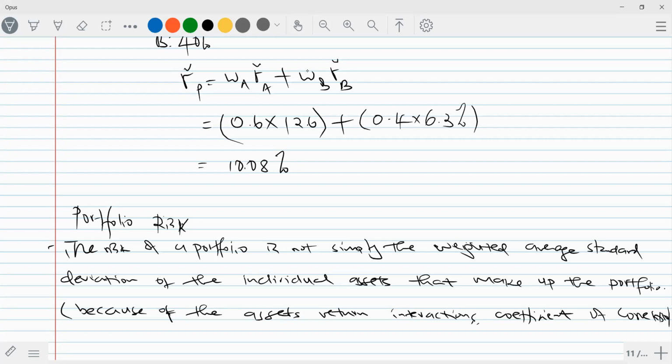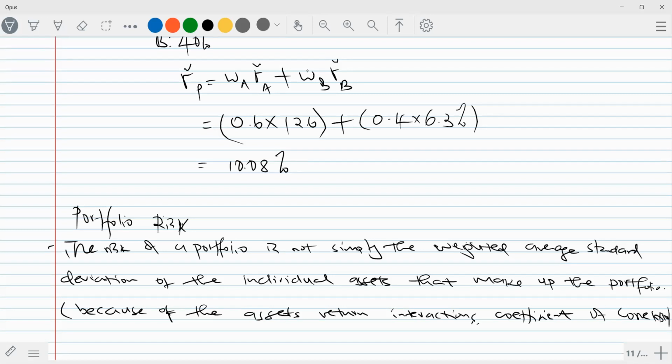Which means if we don't have a coefficient of correlation, then the risk of the portfolio is simply the weighted average. In case we have zero coefficient of correlation between the two assets, there is no interaction, in short. We don't have asset interaction. Then the risk of the portfolio is simply the weighted average.